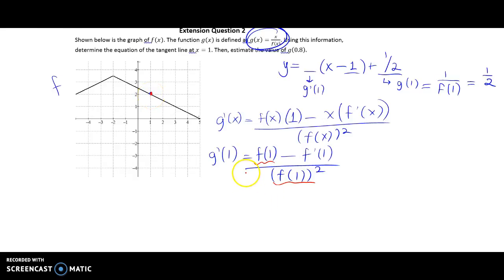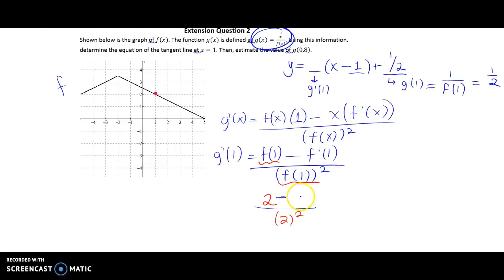So I'm seeing that this f of 1 in the numerator I can replace with a 2. The f prime of 1 I'll have to think about a little bit more in a minute. But down here I've also got just 2 that I'm squaring. So the big question then is, what is f prime of 1? Because if I can find that, I'll be set with my slope.